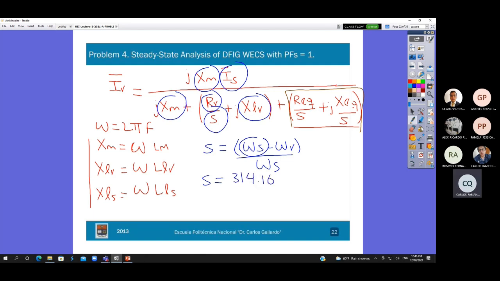The rotor speed is 210.48, over 314.16. Therefore, the slip is equal to 0.33.